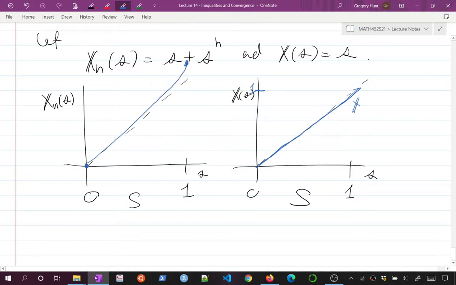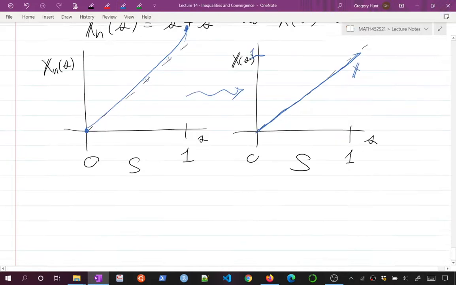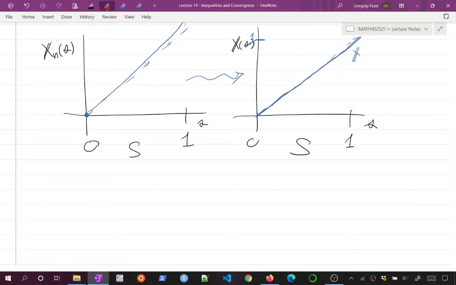But it lies above that line. And as we increase n, this is going to hopefully start to look like our identity function. It bends down, down, down. These points are going to converge to this line here. So that's the intuition.